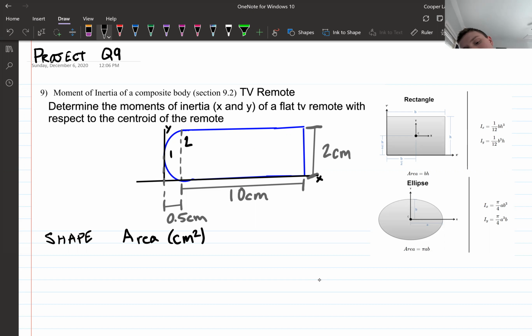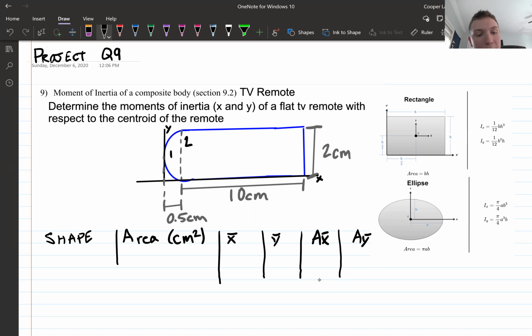We're going to be calculating our x bar and our y bar, and then multiplying our x bar and y bar by the area. We'll do it for each of these shapes, and then add them together.